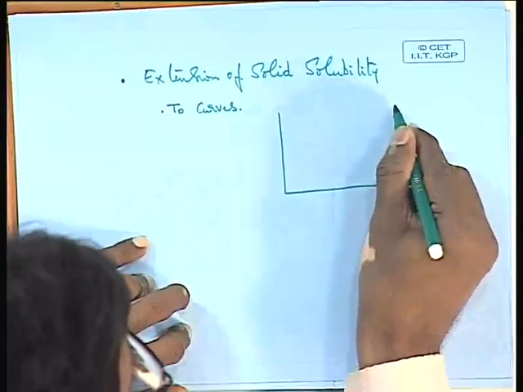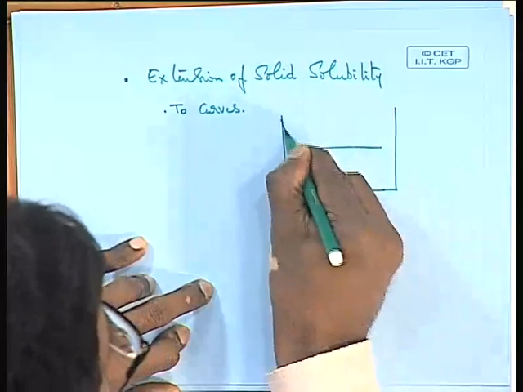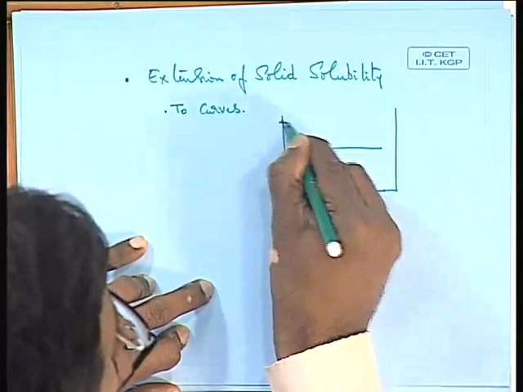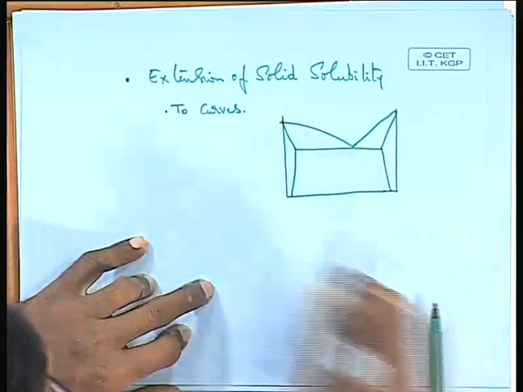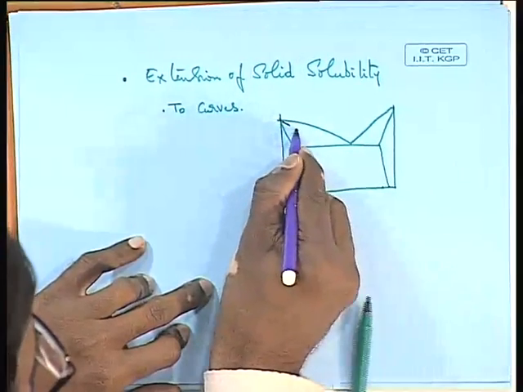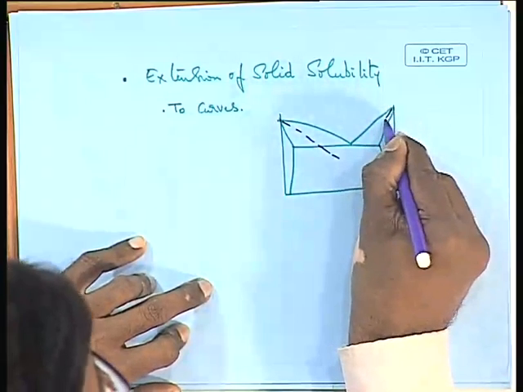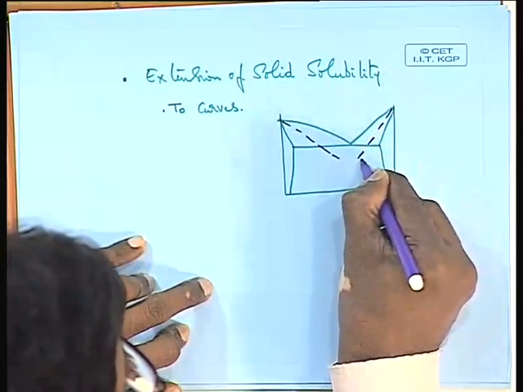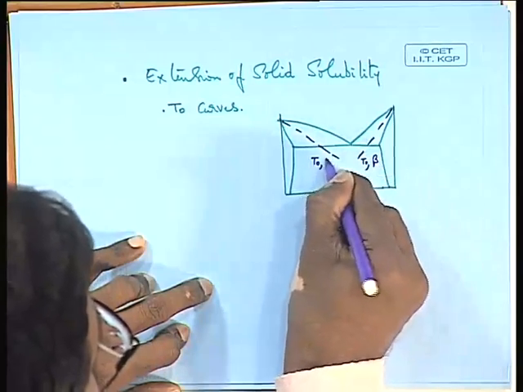Let's look at one example of a T0 curve. If you look at a eutectic phase diagram like this, with a T0 curve which goes like this, let us say, this is T0 for alpha, this is T0 for beta.